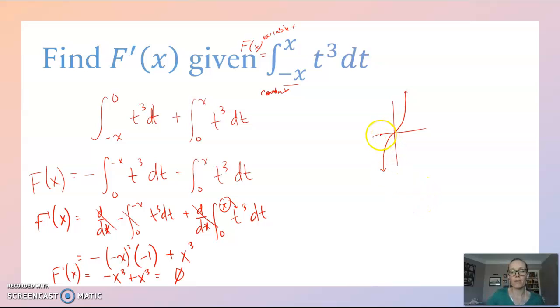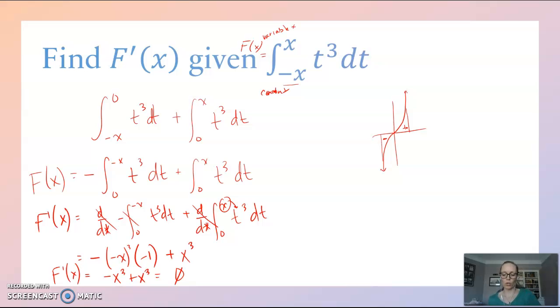And so if we've got negative x and positive x, right, those are our bounds from negative x to positive x, so it's always the negative and the positive side. Your negative area is going to cancel out your positive area every single time. It doesn't matter what that x value is. So that's why this one came out to 0. It just means that the negative area and the positive area cancel each other out all the time.